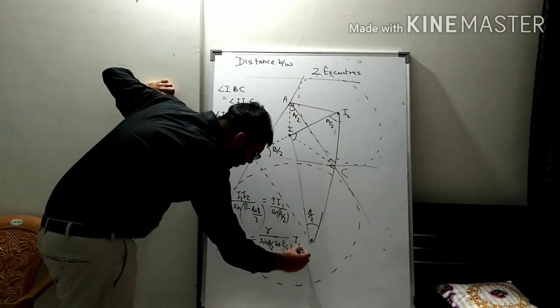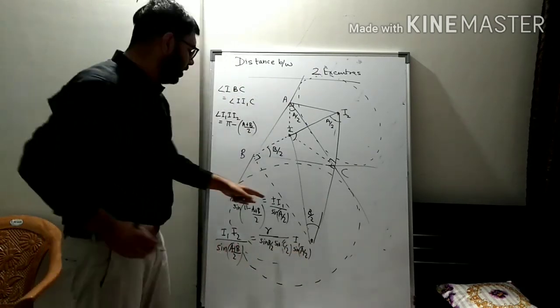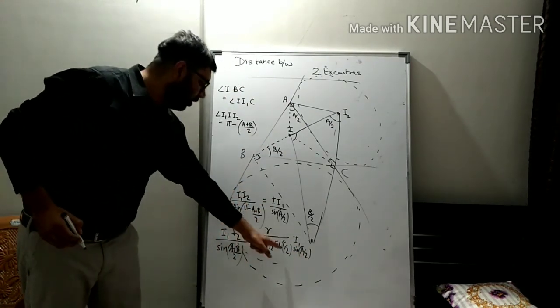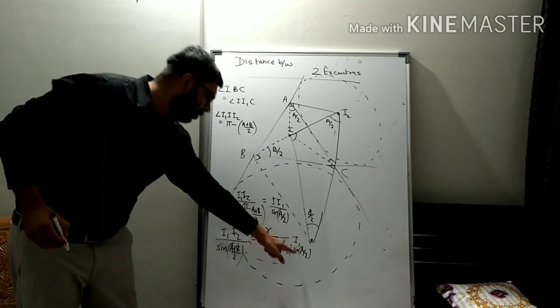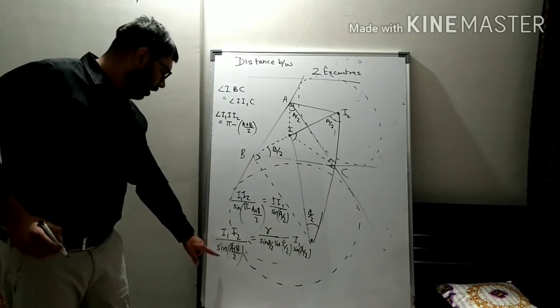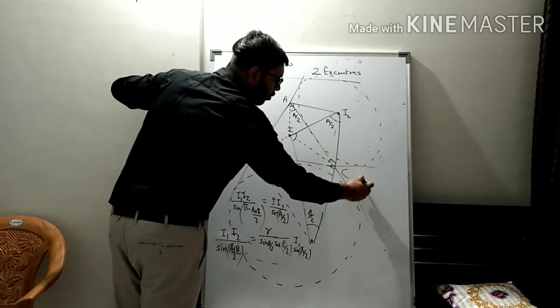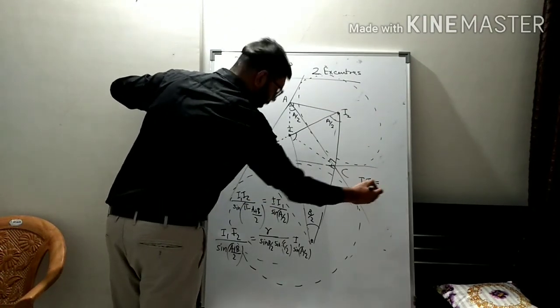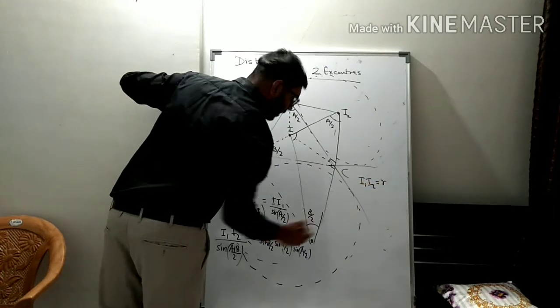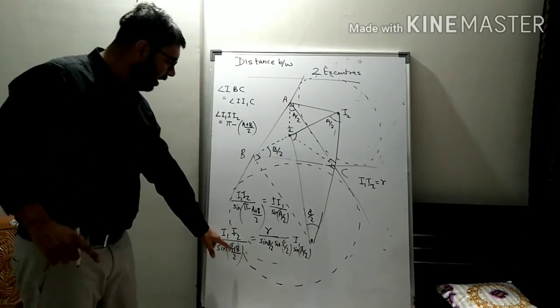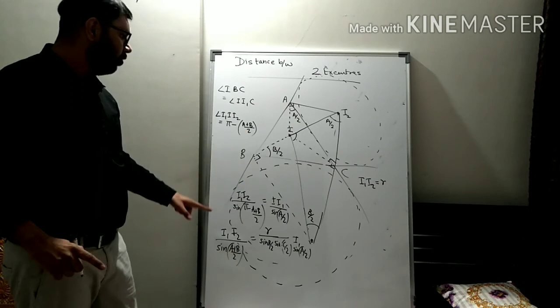So sin A by 2 will come here. In place of I1 I wrote R upon sin B by 2 sin C by 2 and then divided by sin A by 2, so sin A by 2 came in the denominator. Now you multiply this here. So I1 I2 will be equal to R into sine of (A plus B) by 2. A plus B we can write as pi minus C, because A plus B plus C is equal to pi.